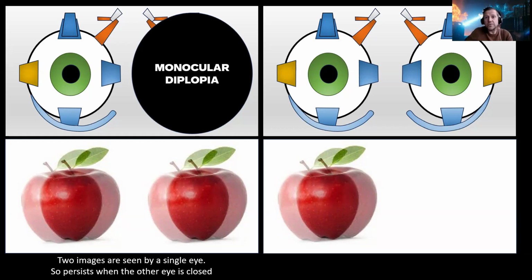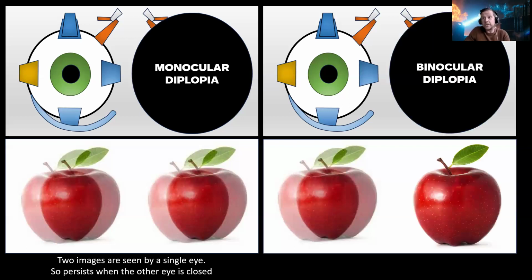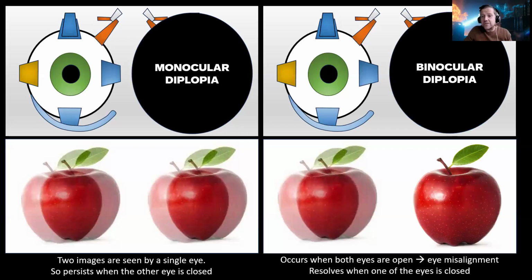In patient number 2, when the patient is asked to close the left eye, what do we get? Suddenly, the diplopia resolves and the patient sees a single apple. So, this is binocular diplopia because it occurs when both eyes are open, but resolves when one of the eyes is closed.